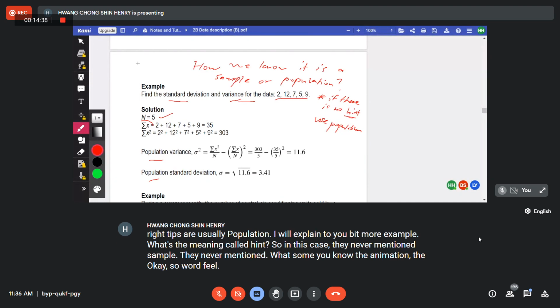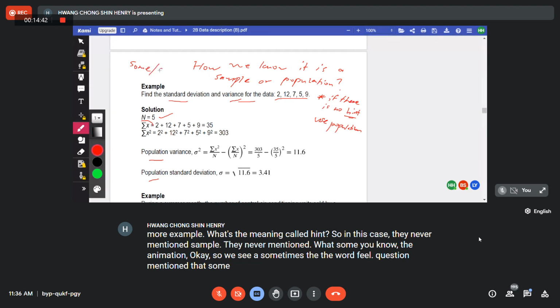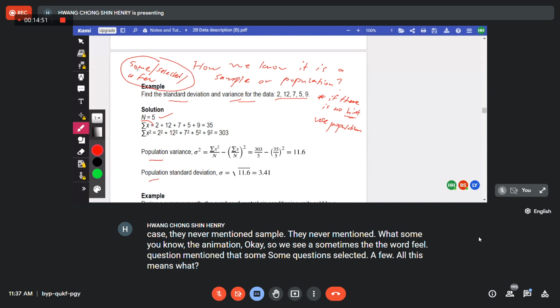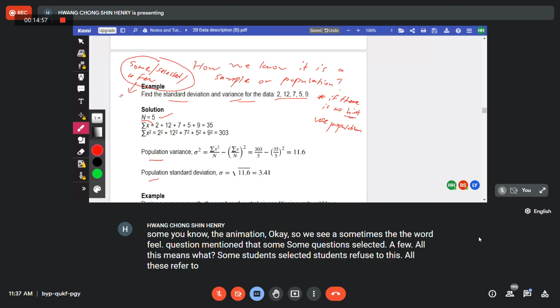Sometimes the question mentions selected, a few. All this means what? Some students, selected students, a few students, all this refers to sample.